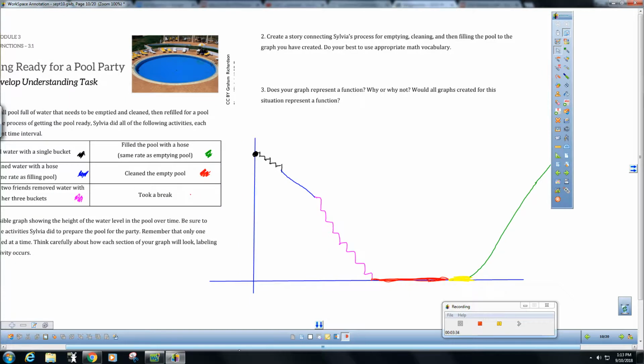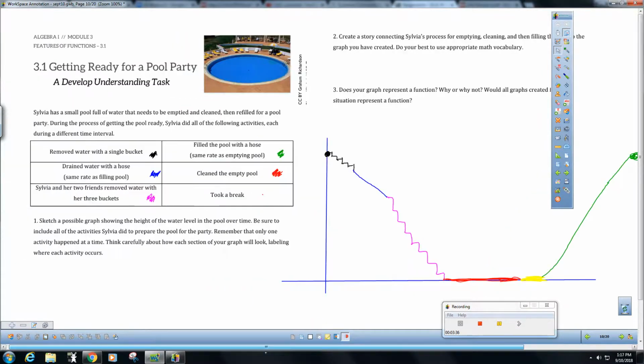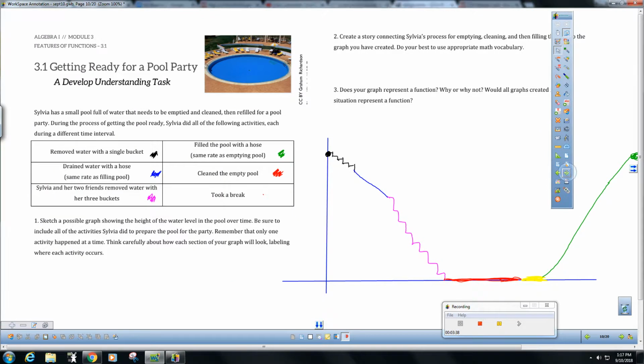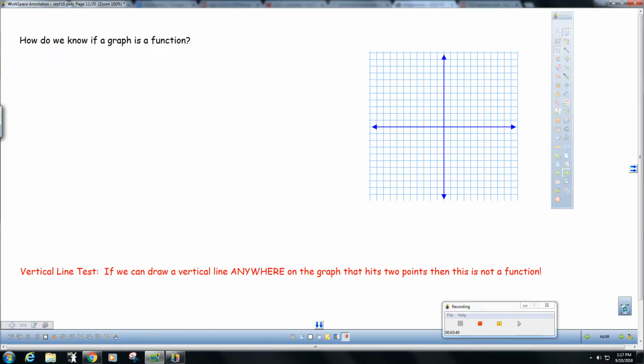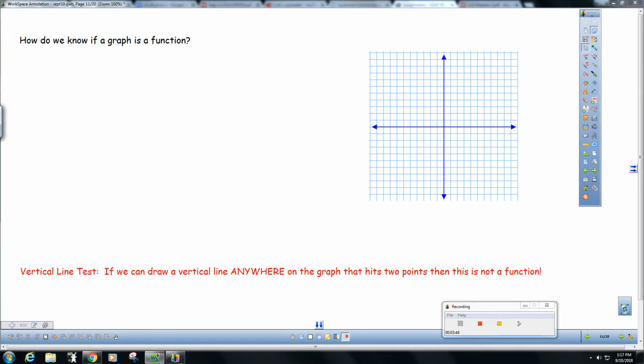Okay, now it's going to ask you, was this a function? Well, let's just forget about that for a second. Let me know if the graph is a function. How do we know if the graph's a function? Let me give you 3 different graphs. How about 4 different graphs? Y equals 2x plus 5.